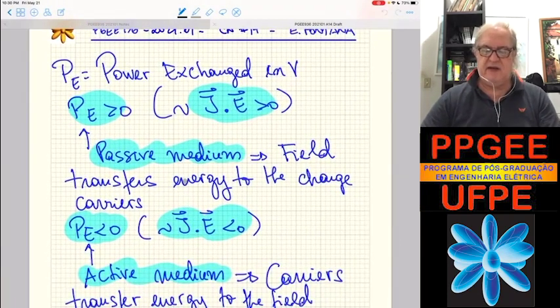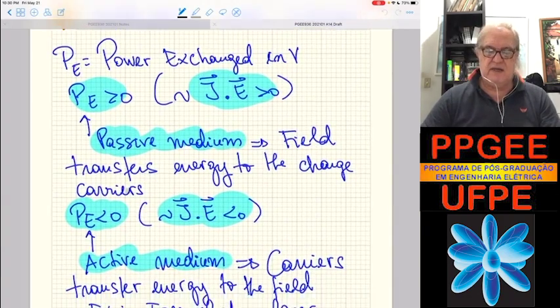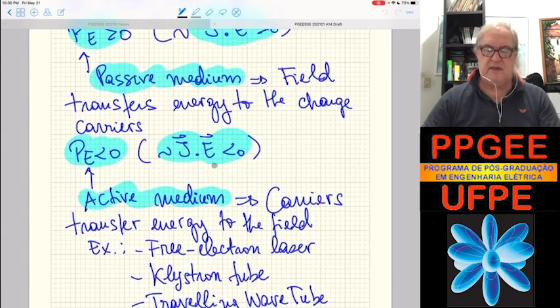So the field transfers energy to the charge carriers. On the other hand, if mostly the dot product between J and E is negative, then you have negative power flow. It means power flows from carriers to the field. So I have an active medium, right? So the carriers transfer energy to the field.